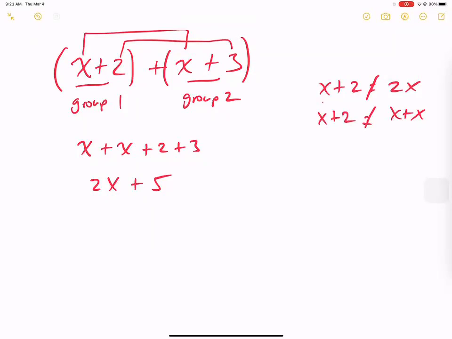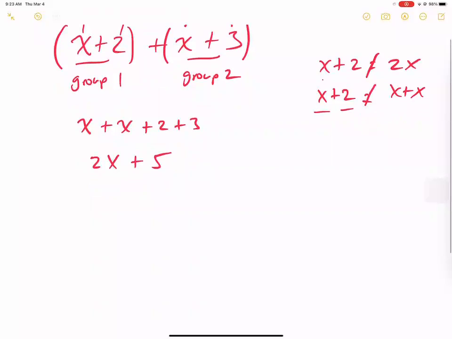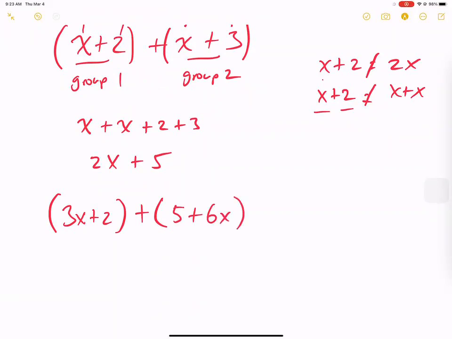So what we say is, if I add x plus 2, and we've seen it before, x plus 2 is just x plus 2. We don't touch it. Now, if I give you another example of more like terms, if I say 3x plus 2 adding to 5 plus 6x, if I'm adding these terms together, we're only combining like terms.